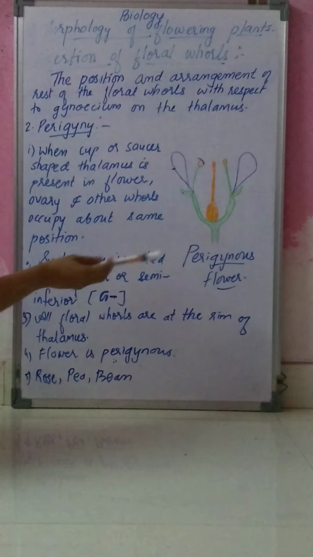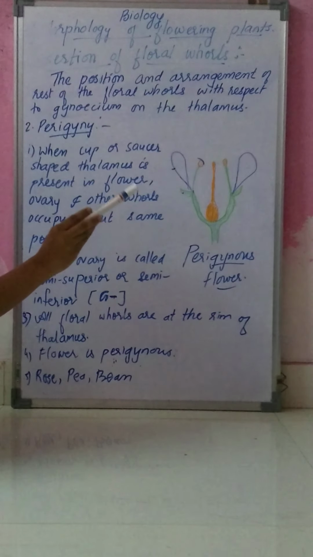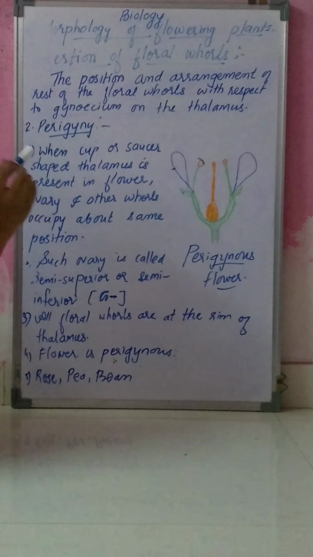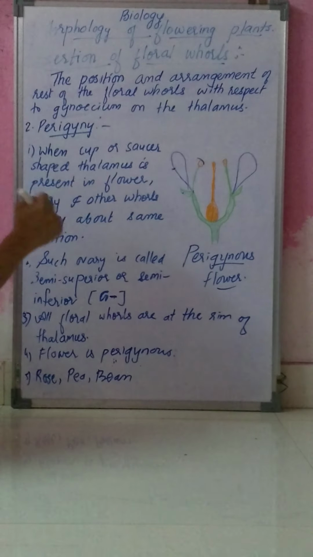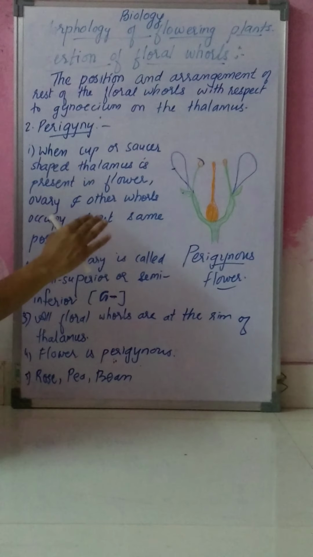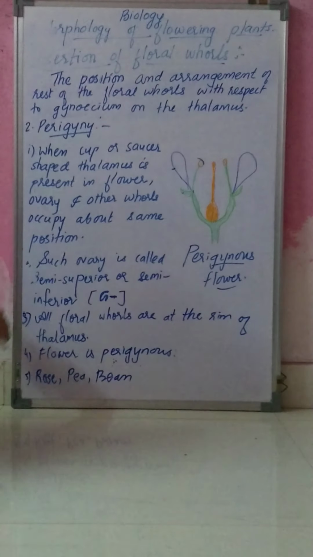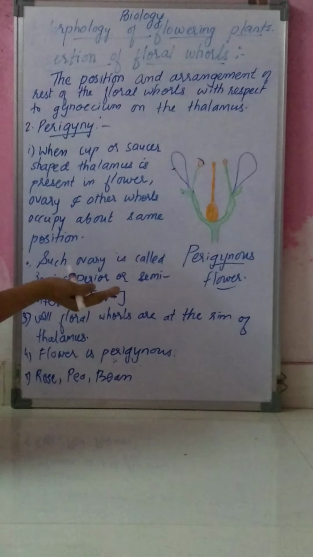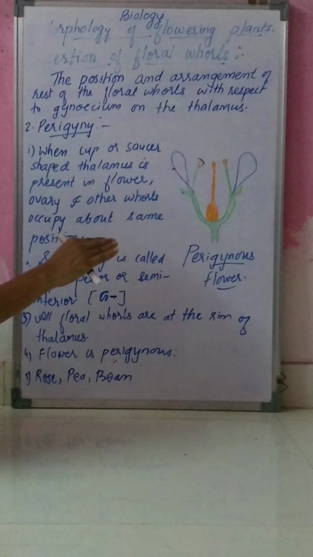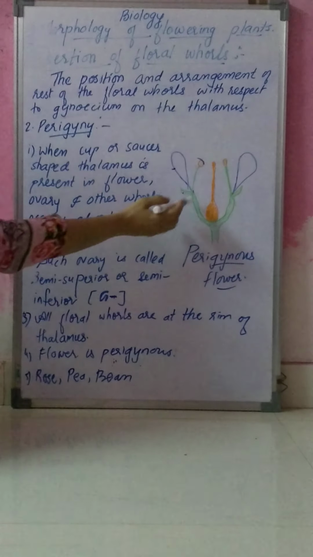In rose, you see this type of flower where a cup shaped thalamus is present. Sometimes in perigynous flowers, a saucer shaped thalamus is also present. So two types of thalamus are present, cup shape or saucer shape, and the floral whorls occupy almost the same position.